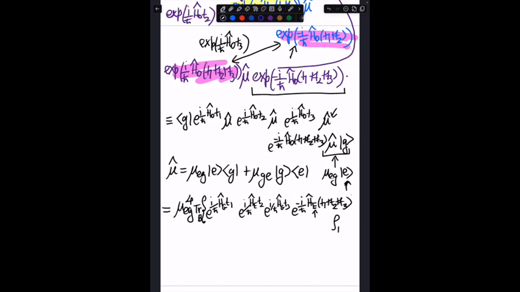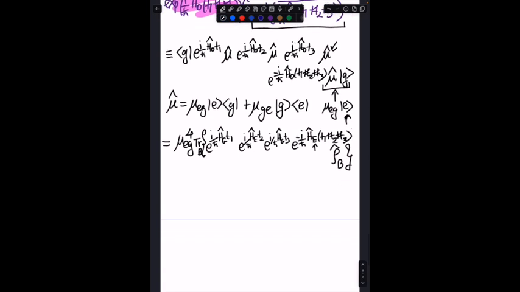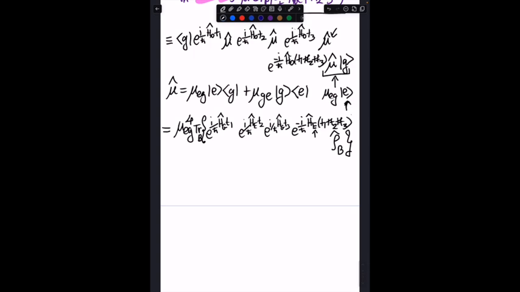And now this expression which we have just calculated has to be traced with respect to the bath, and you have your bath equilibrium density operator. So essentially it's equivalent to mu_eg to the power 4.